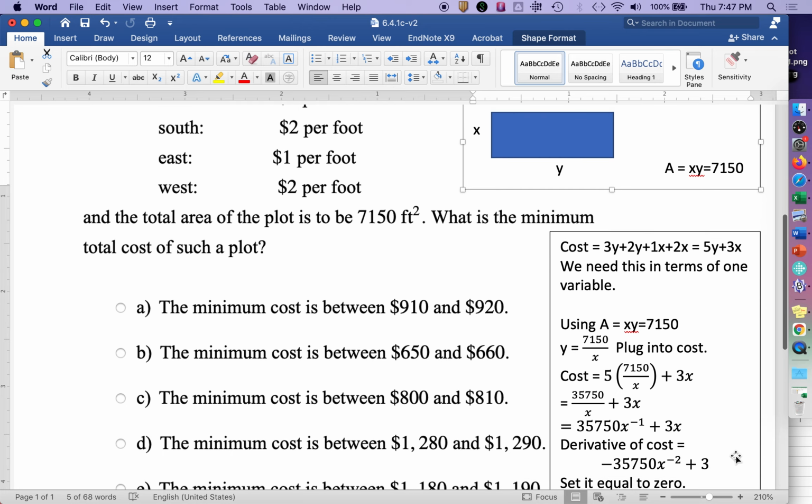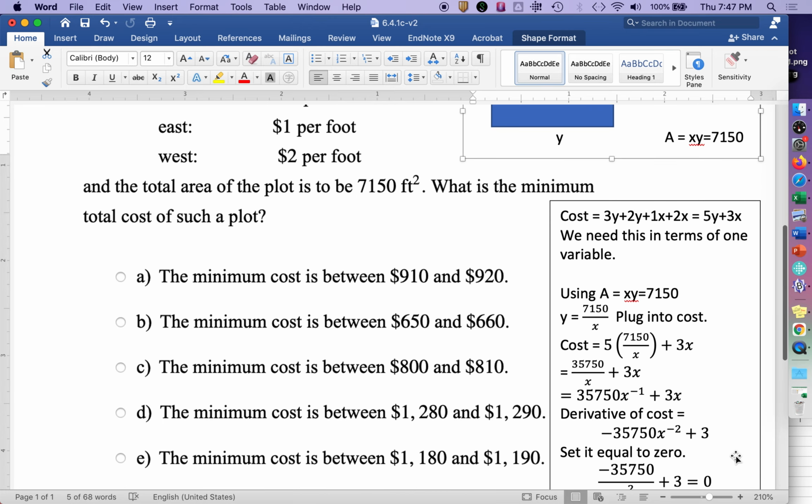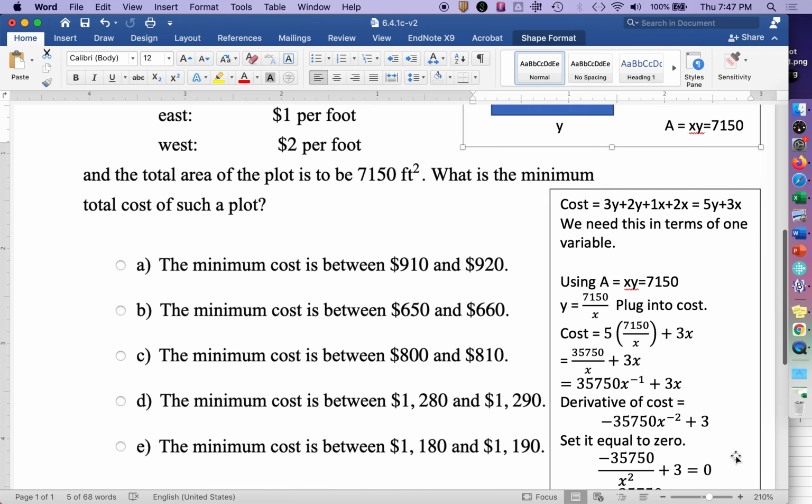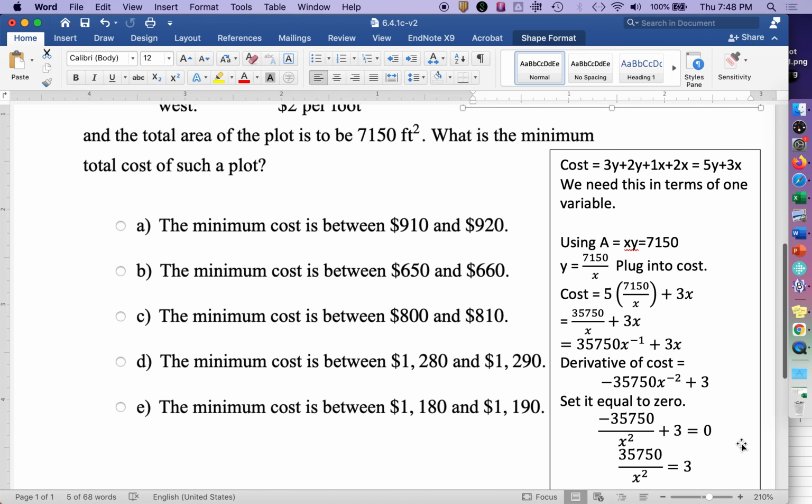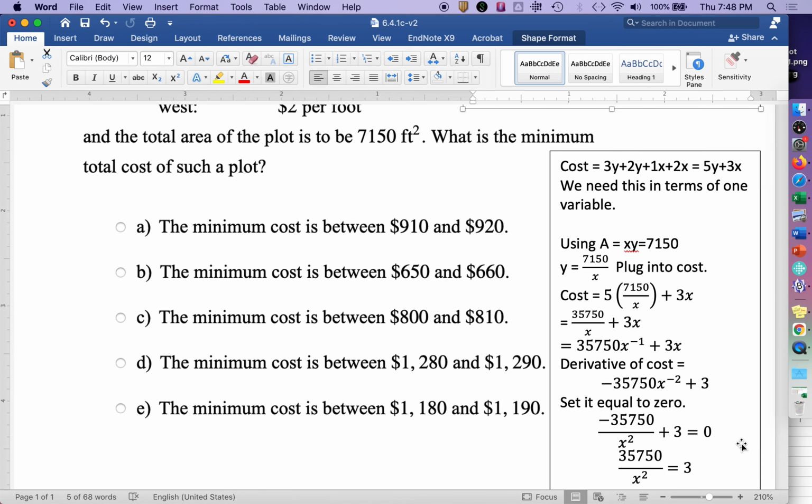We set that equal to 0, and I rewrote it before I set it equal to 0. I put the X to the -2 back into the denominator as an X to the +2, and we get 35,750 over X squared equals 3.